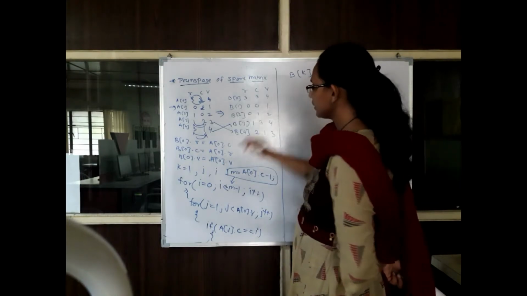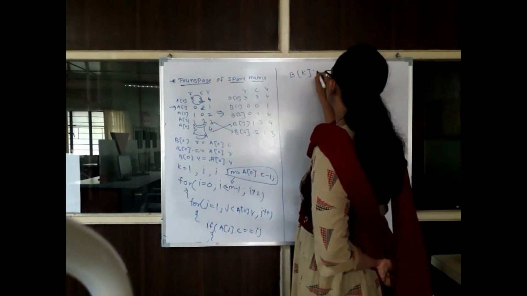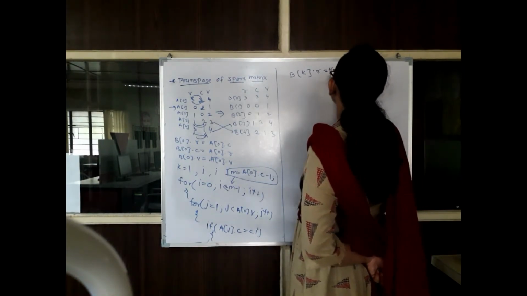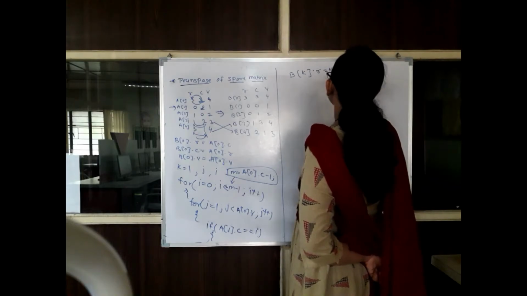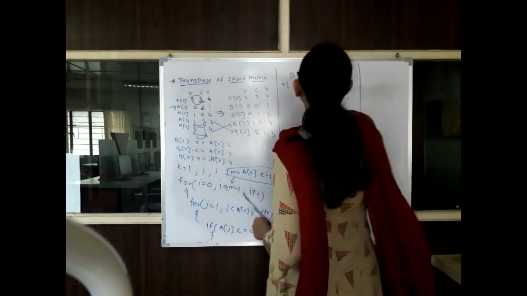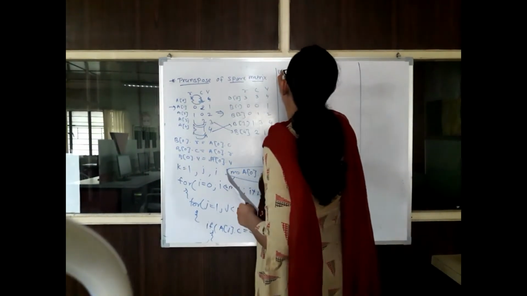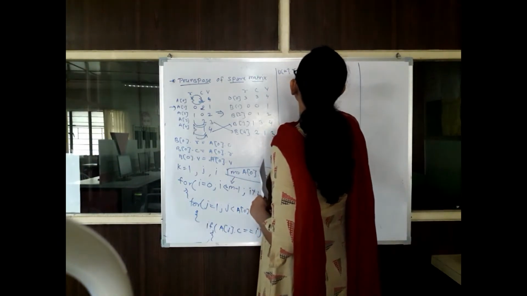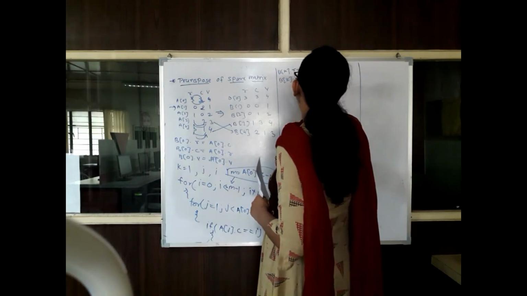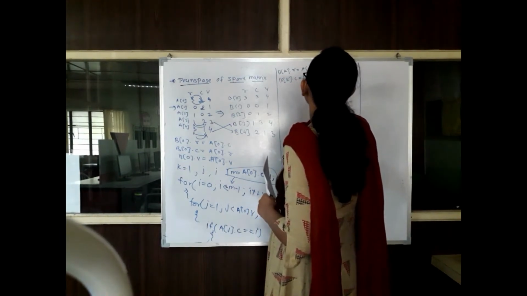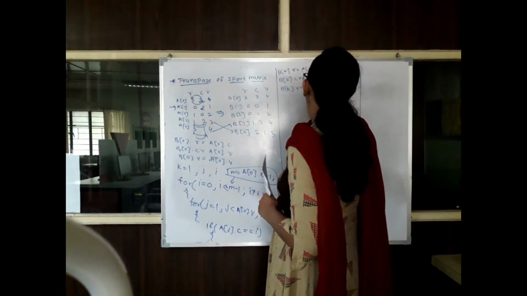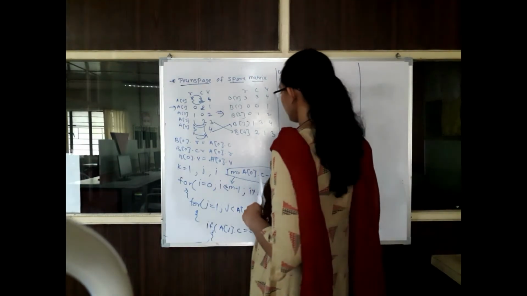So B of k dot R is equal to A of j dot c, and B of k dot c is equal to A of j dot R. B of k dot b is equal to A of j dot b.